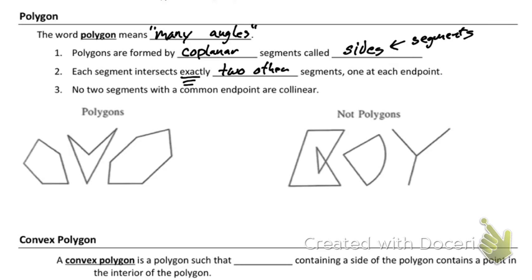These are all examples of non-polygons. The first one can't be, because we have a straight line touching at this segment, touching at that segment. So you can't have any overlap. That is the problem with this one. That is not a polygon. This one's not a polygon because that's not a segment, that's a curve.